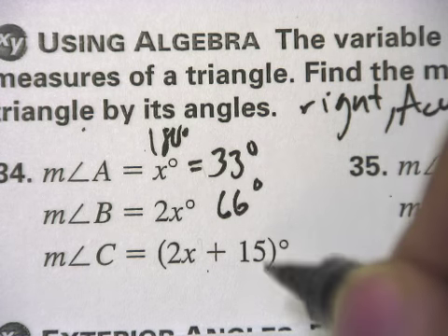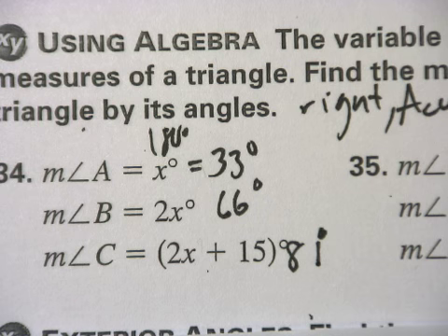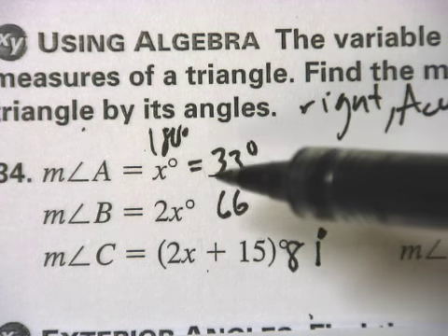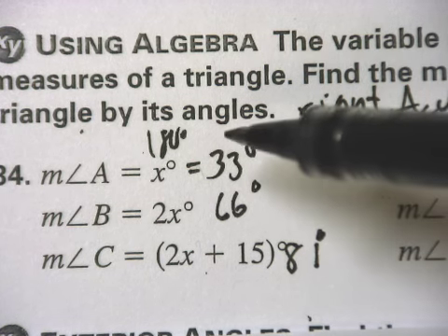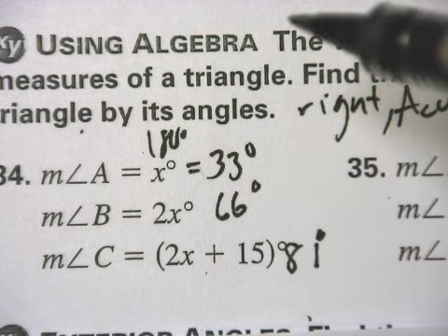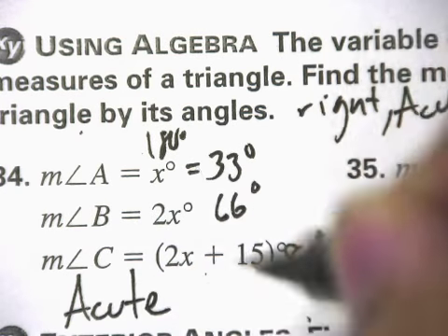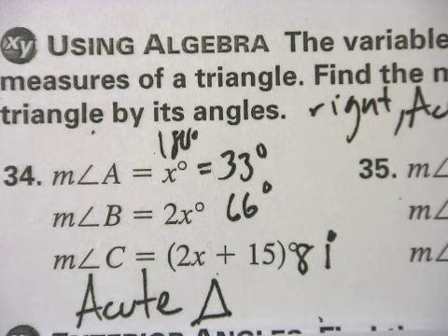That's going to give me 81 degrees. So if I look here, my angles in my triangle are 33, 66, and 81. And all of the angles are less than 90 degrees. And if you remember, this is an acute triangle.